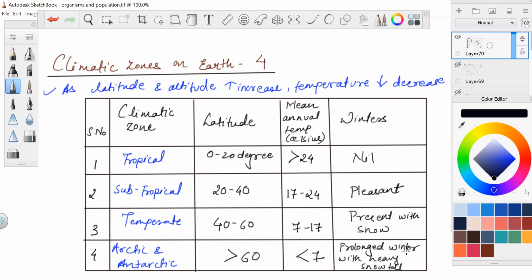Done, all of you? What is topography? Have you heard this term topography?